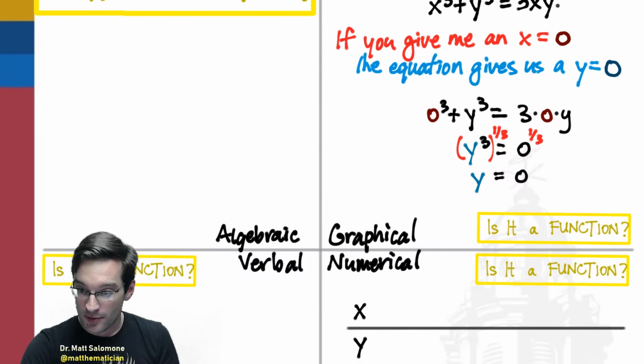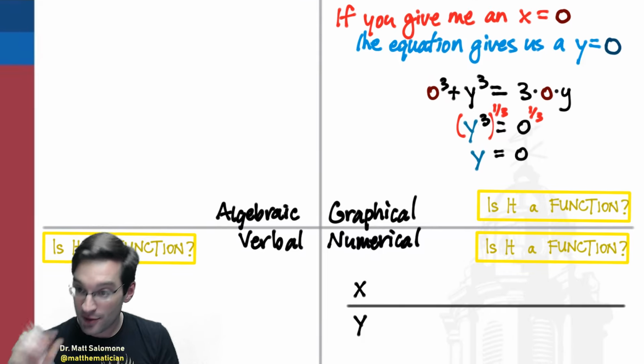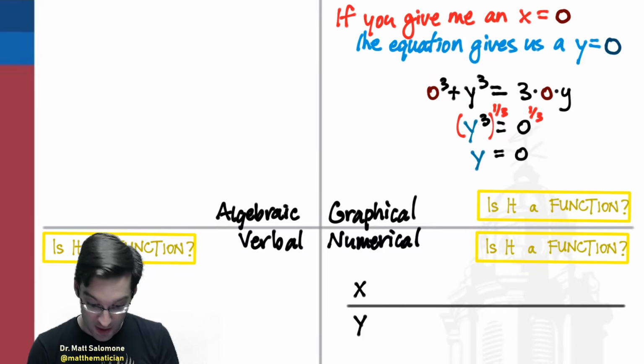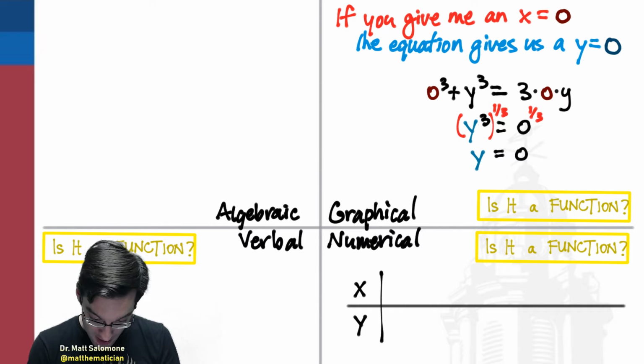So make sure we can see what we're doing here, right? If you give me an x, then the equation gives us a corresponding value for y. And in particular in this example, if you give me x equals 0, the equation gives me y equals 0 as well. Let me copy the equation down here in the corner just so we can still see it: x to the 3rd power plus y to the 3rd power equals 3xy.